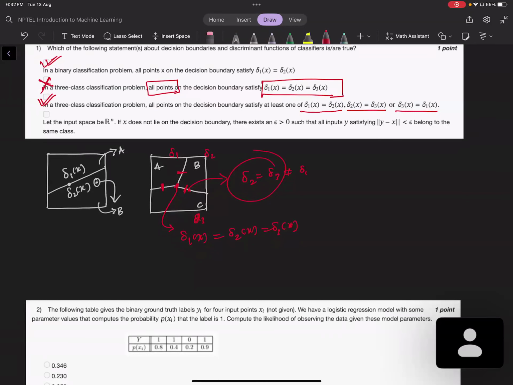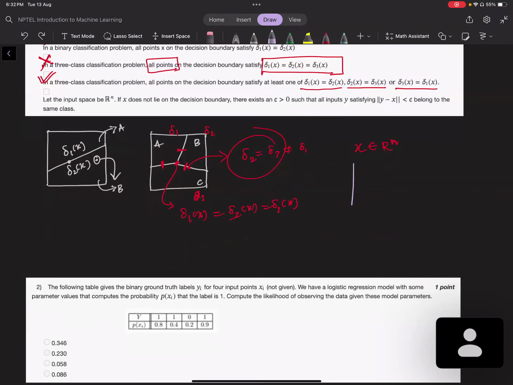Option 4 is: let the input space be R to the power n. So x belongs to R to the power n. That means the dimension of input is n. If x does not lie on the decision boundary, so let's say this is your box.